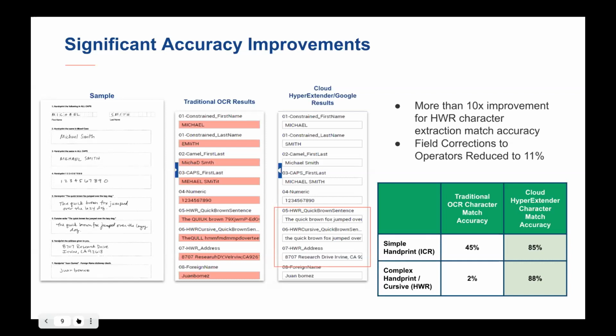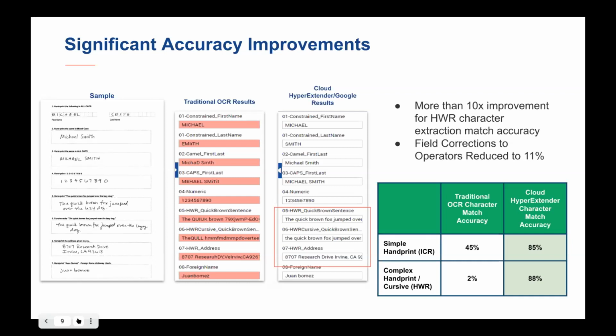And in the table, we see for simple handprint that we go from a conventional OCR engine character match accuracy of 45% to SHE's accuracy of 85%. And then for the much harder, complex handprint and cursive typewriting, we go from a character match accuracy of 2% with the conventional OCR engine to an accuracy of 88%.